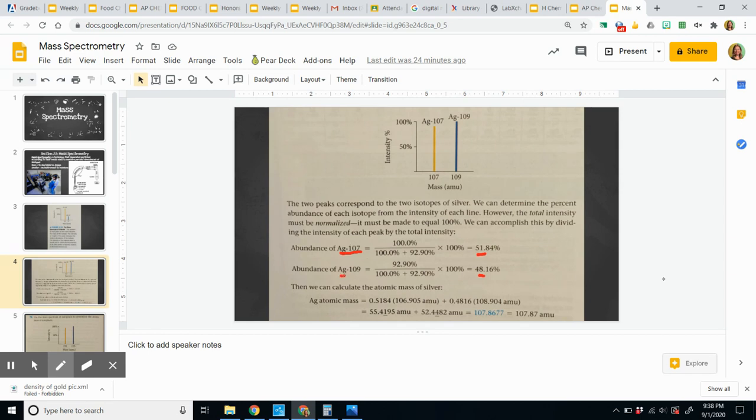I think that these two things are actually flip-flopped. I think that these should be switched, because if you look, silver 107 is the one that's just slightly below, and it looks like the 109 is the one that's at 100. So I believe this should actually be 109, and this should be 107.